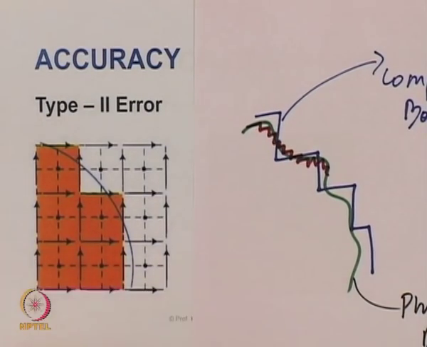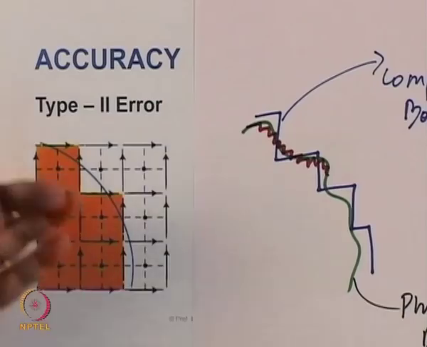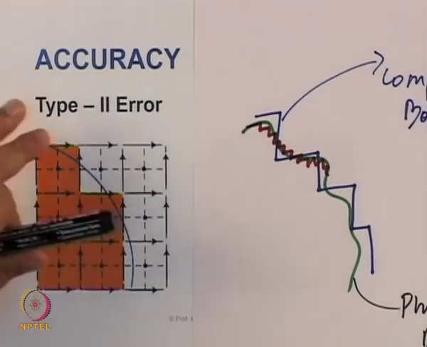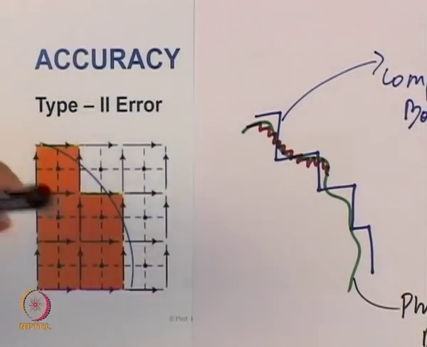This is the type of error which we call discretization error, and this is the type 2 error. Actually, type 1 and type 2 just happen to be the order in which we are discussing them. There is nothing called type 2 error, but the kind of error we are talking about is important.